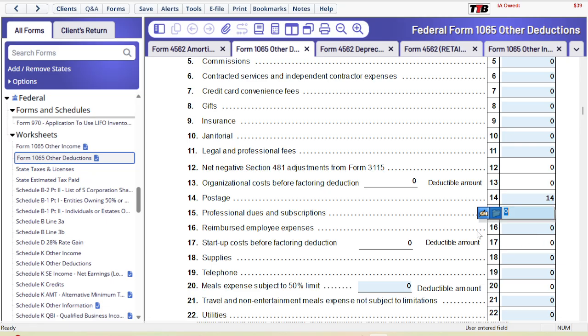So maybe you are running your business from home, and electricity and gas and internet, a portion that you want to allocate to your business based on the square footage of the office that you are allocating to your business. You can claim those expenses as a reimbursed employee expense.